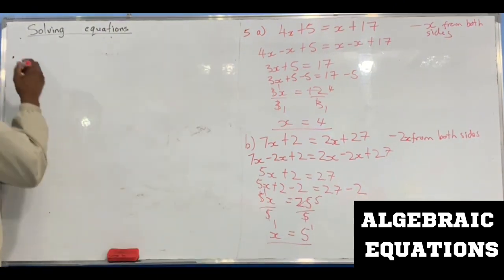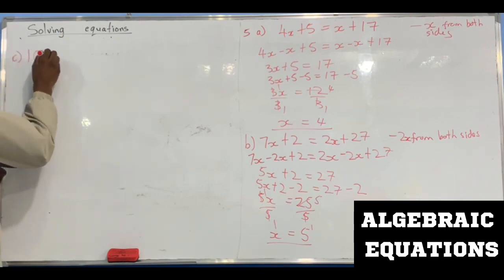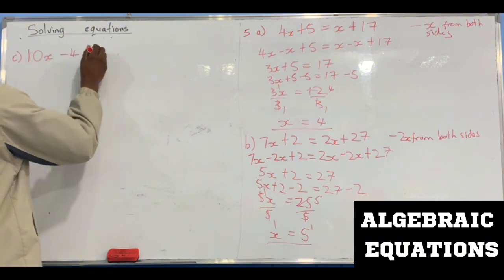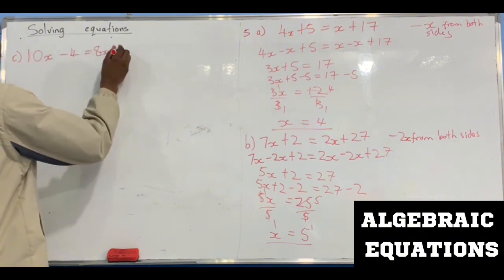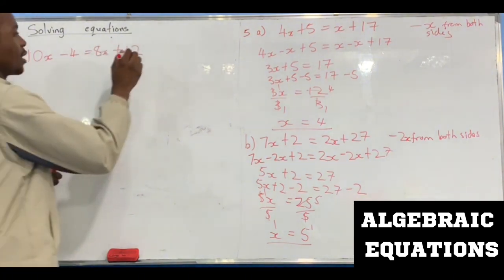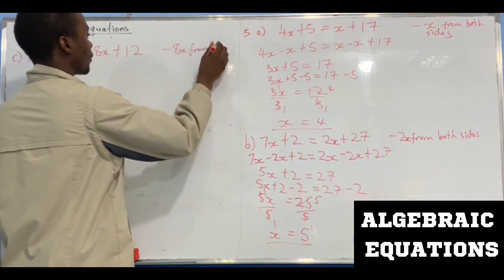Alright, let's try out another problem. In this case, we are given the problem 10x minus 4 is equals to 8x plus 12. The hint is to subtract 8x from both sides.